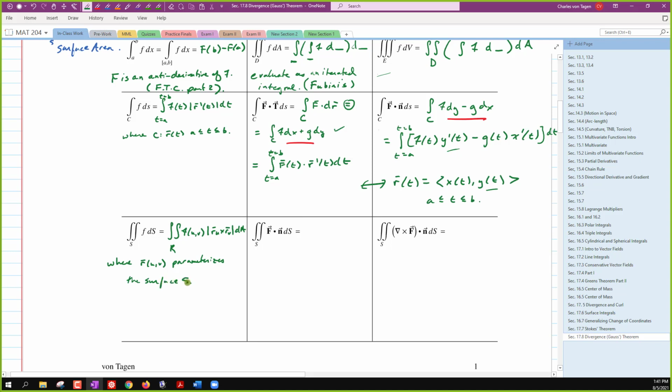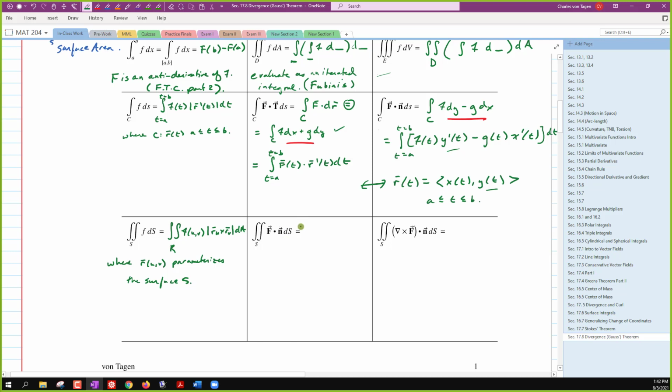So notice that essentially, unless you're using a slick theorem, folks, to evaluate any of these line integrals, you have to give the one-dimensional parameterization of the curve. Likewise, to evaluate any of these surface integrals, you have to give the two-dimensional parameterization of the surface, again, unless you're using a theorem that gets you away from doing a direct computation.